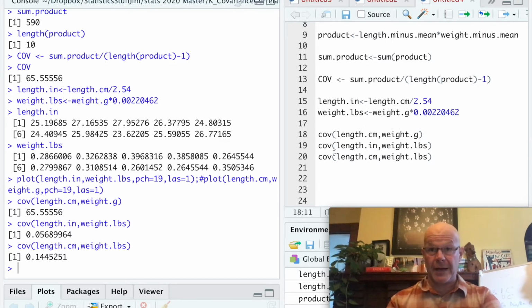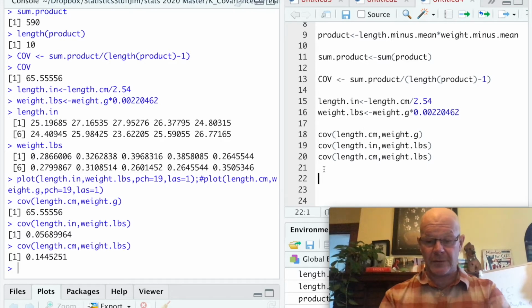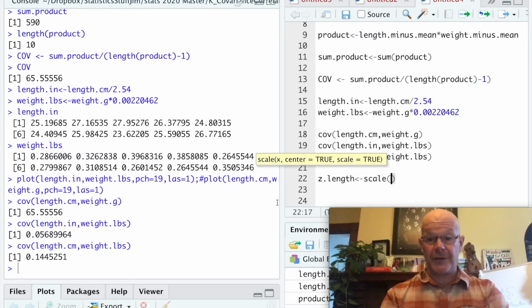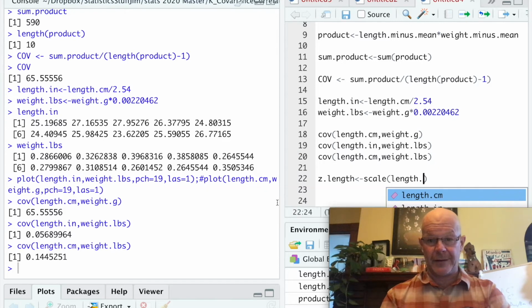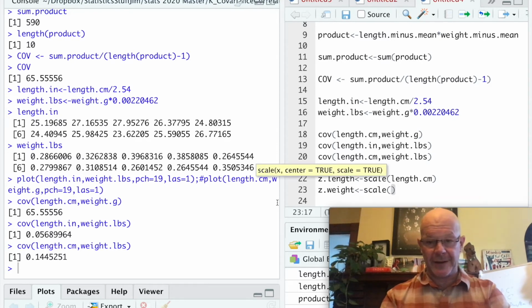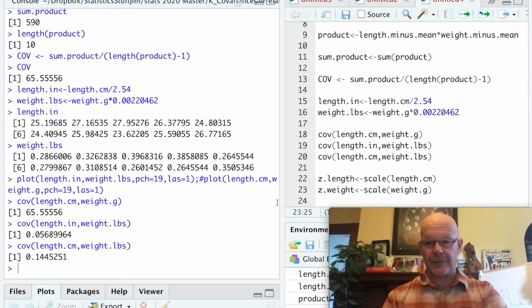I don't see why not. Let's do it the longhand way. Z length is going to be what? I'll use that scale function, and I'm going to take the scale of length in centimeters, and then I'll do the same thing for weight, where I will use that cool scale function, and I'm going to take the weight in grams.